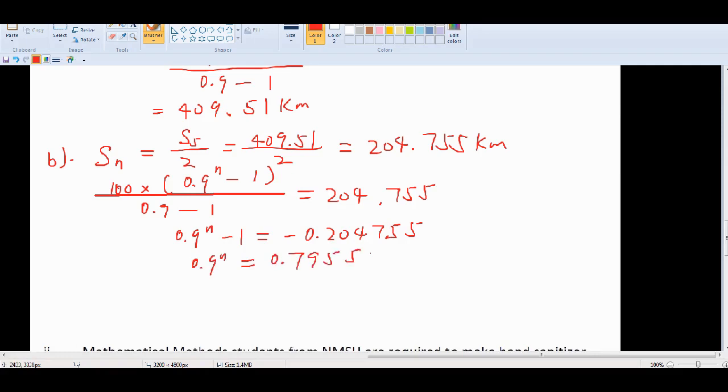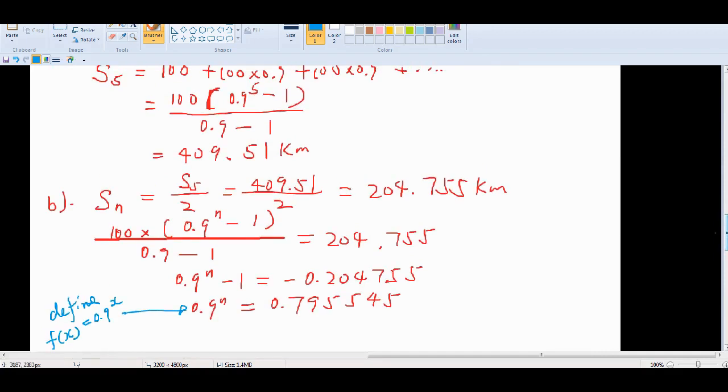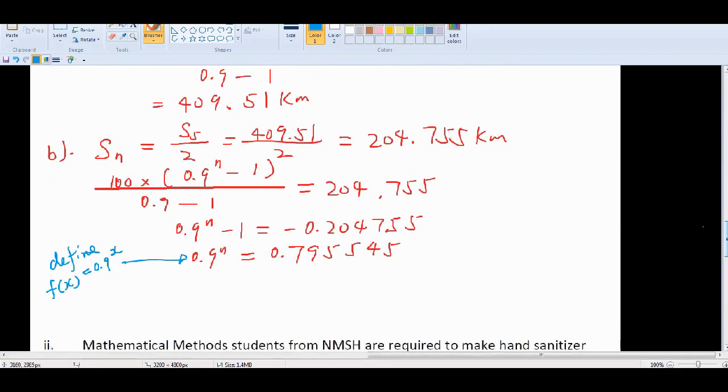Again you are going to use the calculator function. You define f(x) as 0.9^x, then you put different x into the formula until you get very close to this one. But remember, you need to round up the final answer, right?